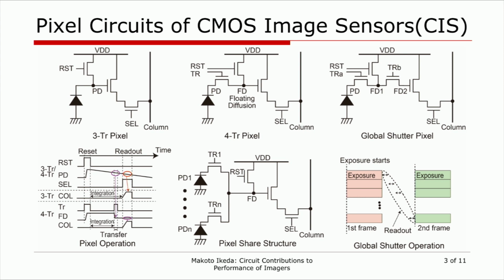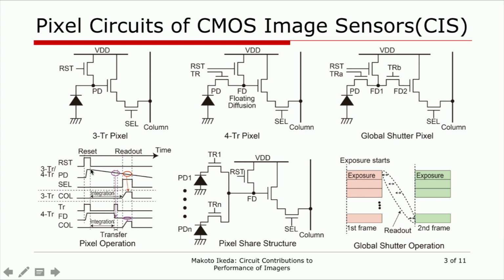image sensors. Usually, CMOS image sensors are equipped with 3 or 4 transistors per pixel, or in many cases, readout circuits are shared by several pixels. The pixel operation is depicted as shown here. So at the beginning, the pixel is reset by the reset signal, and so the pixel photodiode node or some other node, such as a floating diffusion node, is reset to a certain level.